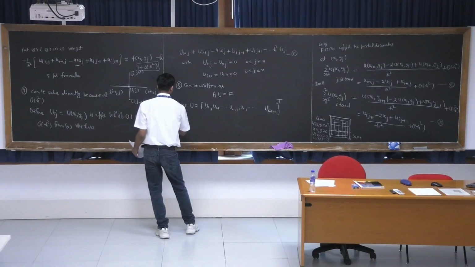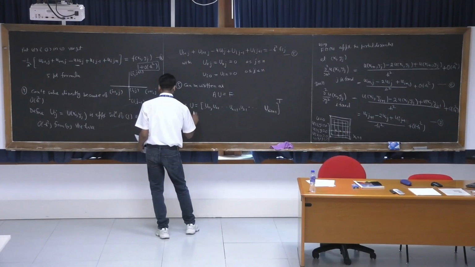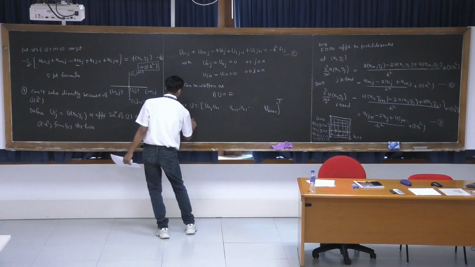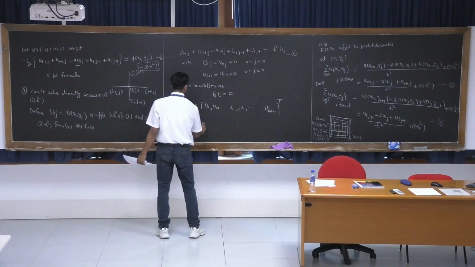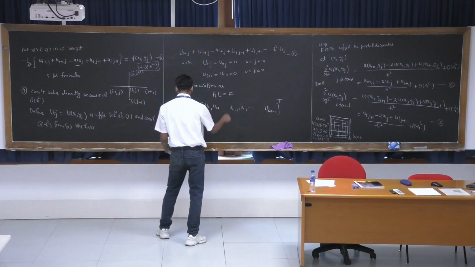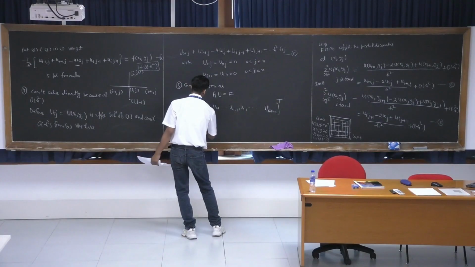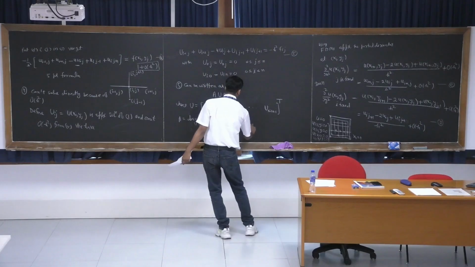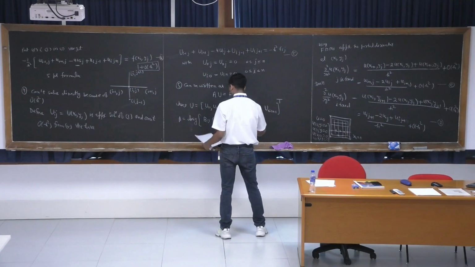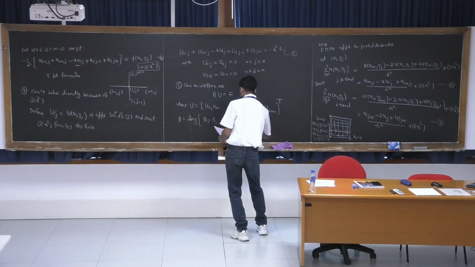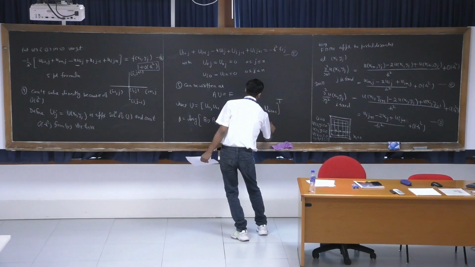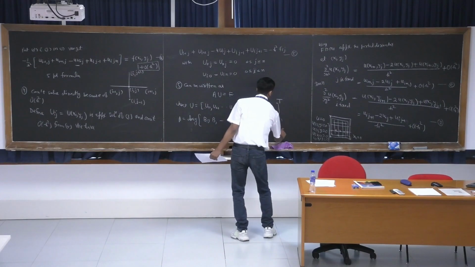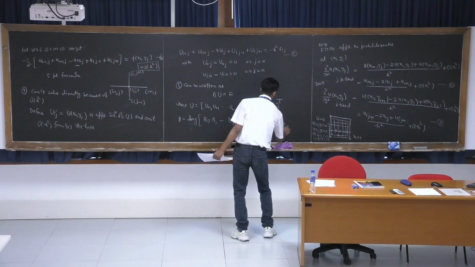A is equal to, this is a block diagonal matrix type, where the diagonal contains B, B, and B. And B is what? B is the tridiagonal matrix which contains the elements 1, 4.